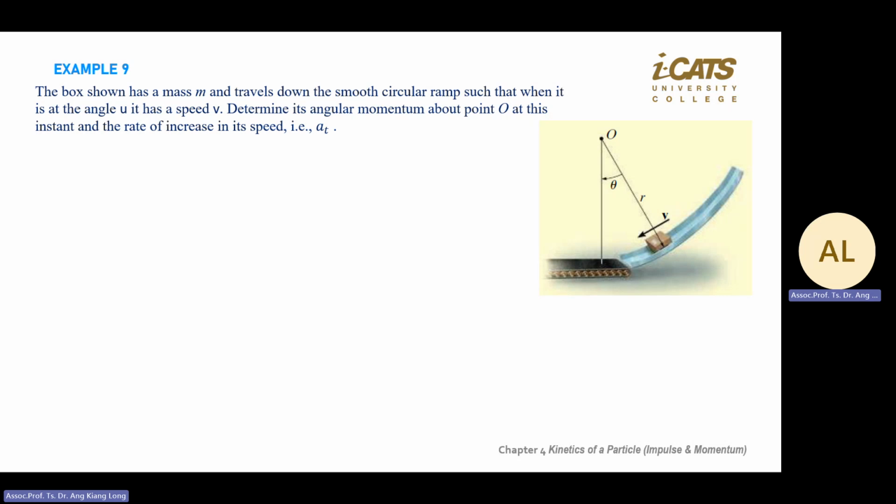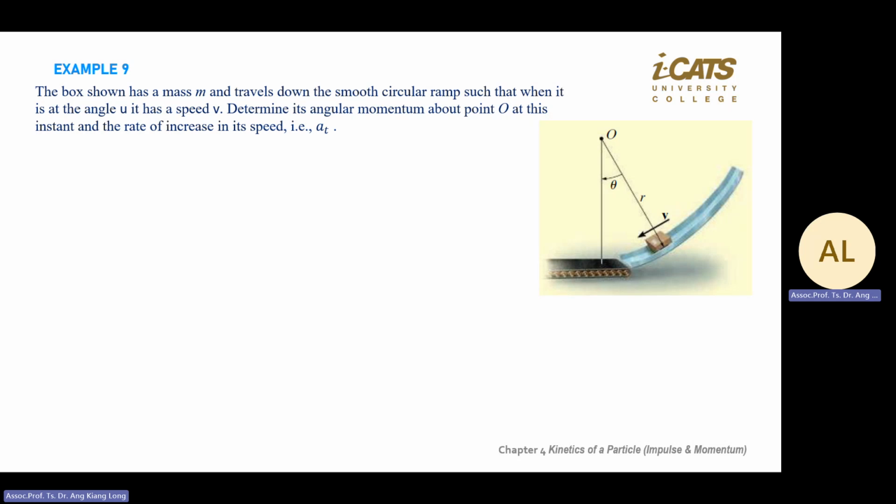Okay, so you're given a mass traveling down a smooth circular ramp. When you see the word circular, it is a curvilinear motion question, so you need to be careful finding your v tangent. And when it's circular motion, you need to recall what is your a_n, what is your a_t, and so on.